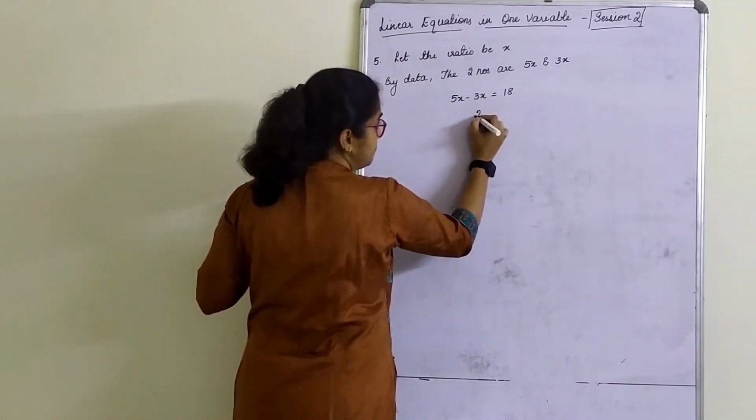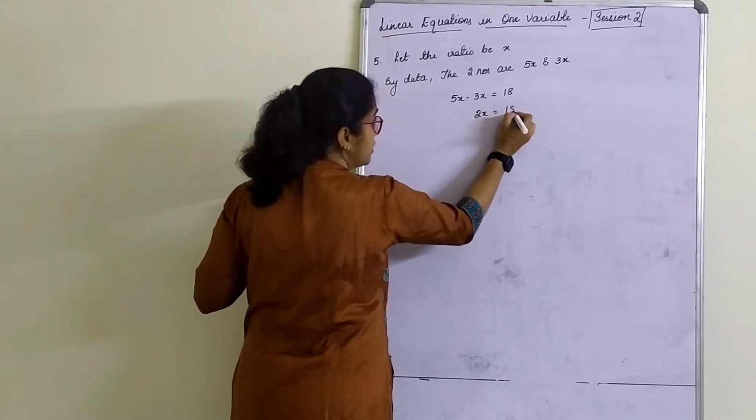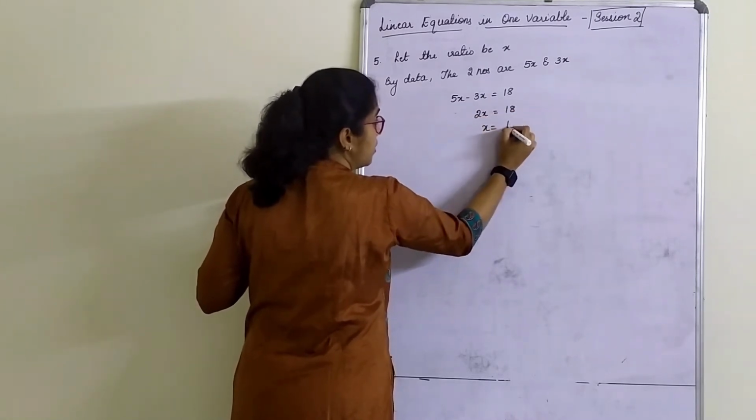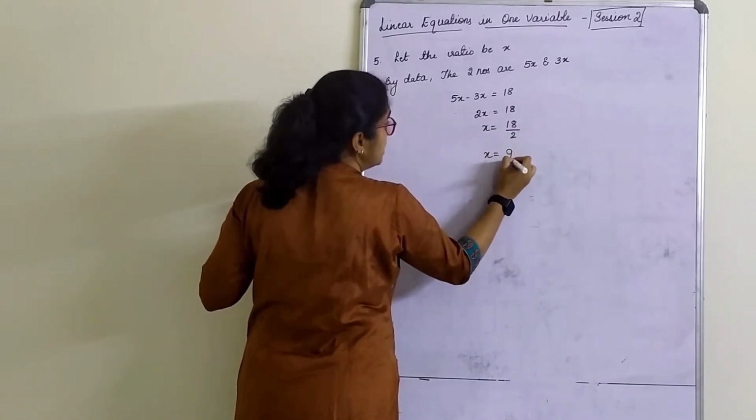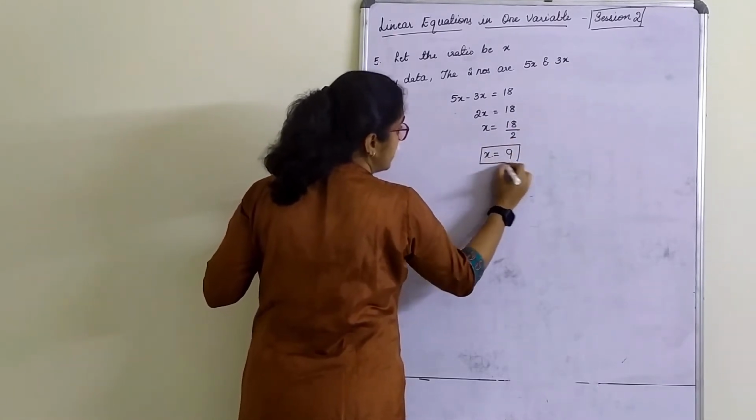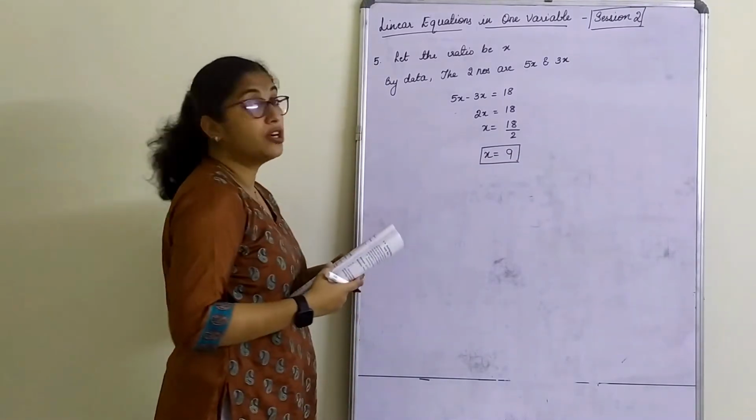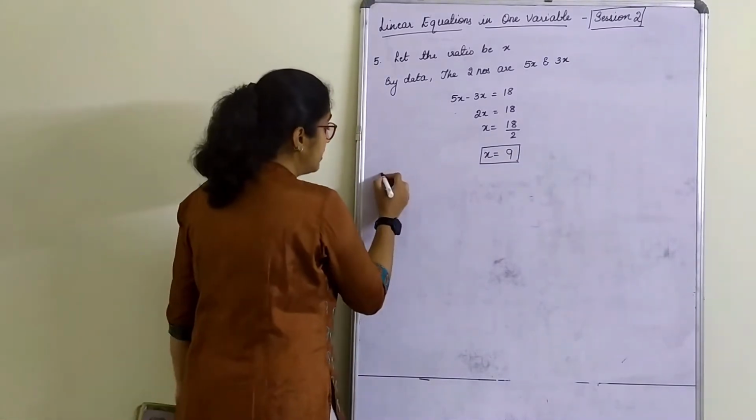5 minus 3, 2x is equal to 18. x is equal to 18 upon 2. x is equal to 9. Now, according to the ratio, let us find.